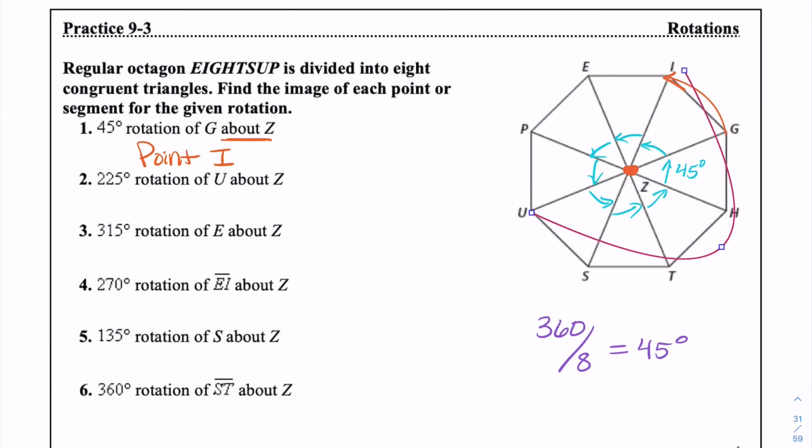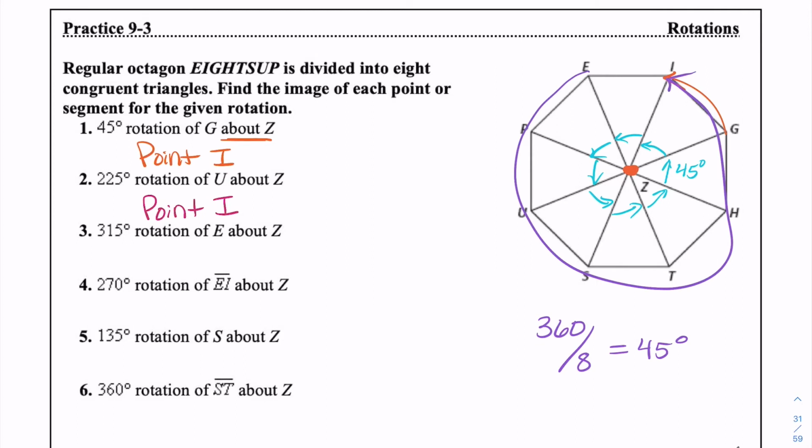Okay, we're going to say it's point I as well. Now let's see E. E is 315. Guess what? 315 is going to be I as well because 7 times 45 is 315. So point I again.